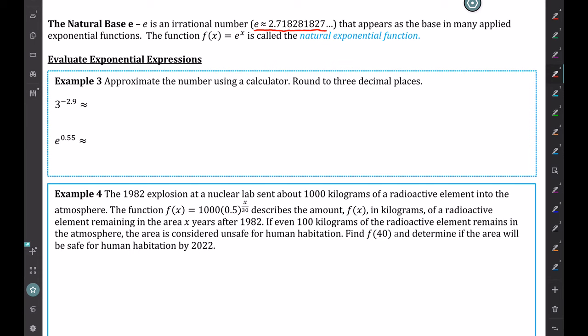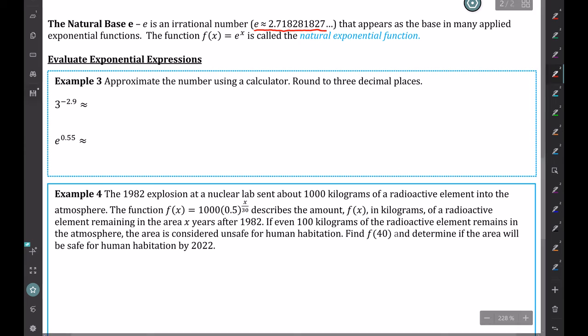Now for example 3, what I want to do is just walk you through how to evaluate exponential functions in your calculators, because your scientific calculators have a very special way of entering these things in. So the first thing you're going to do if you want to evaluate 3 to the -2.9 is you would hit the 3 key, and then the exponential key is y to the x.